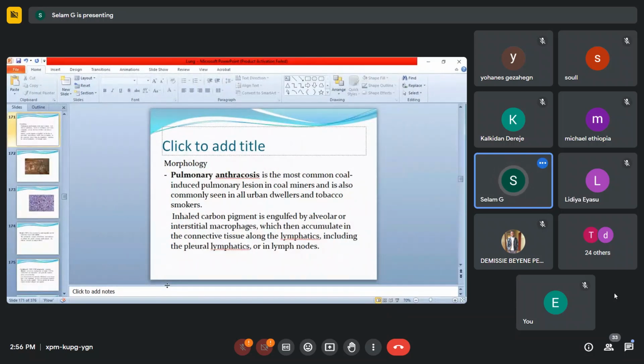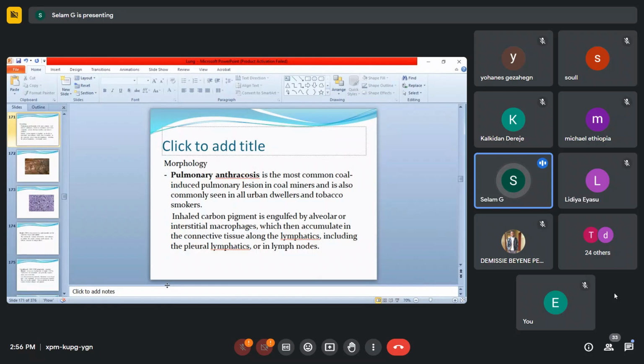Morphologically, pulmonary anthracosis is the most common coal-induced pulmonary lesion in coal miners, and is also commonly seen in all urban dwellers and tobacco smokers, because our environment is saturated with the smoke fumes coming from the industries and the cars. Some degree of anthracosis will be found in urban dwellers.